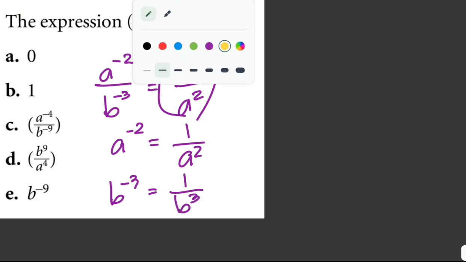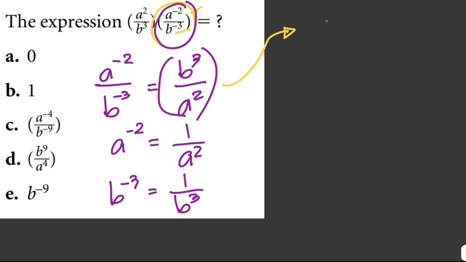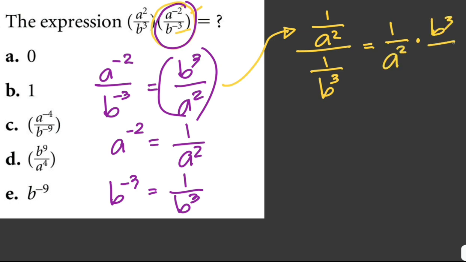And this would become 1 over a squared over 1 over b cubed, and then we just flip the denominator, so this would become 1 over a squared times b cubed over 1. Then we have b cubed over a squared. That's why it becomes like this.